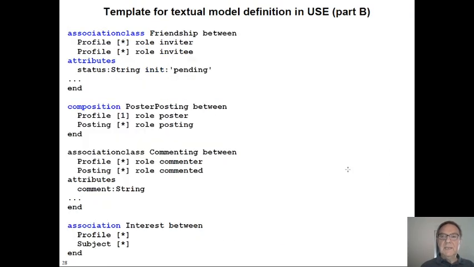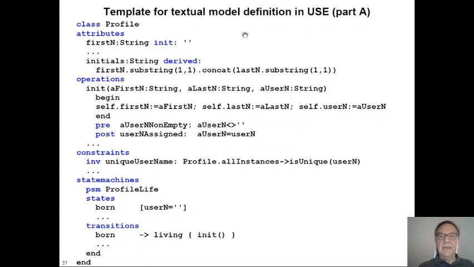What we see here on these two slides, I've called it a template for textual model definition in use, part A and part B. I have taken the complete model definition, which is placed after these two slides, and I have distilled the essential parts of a use model definition.